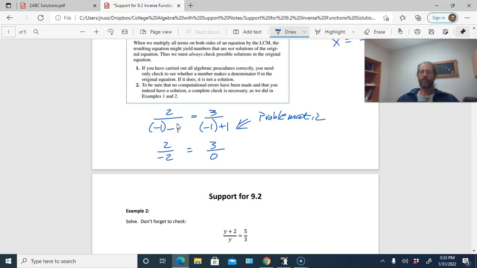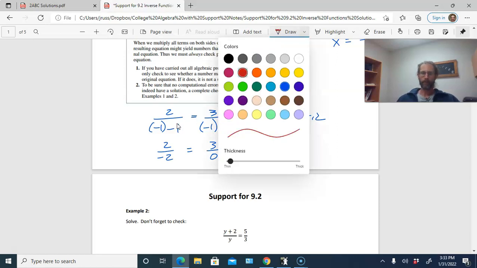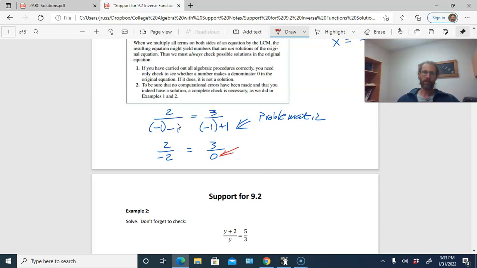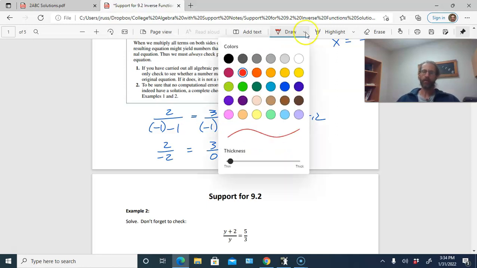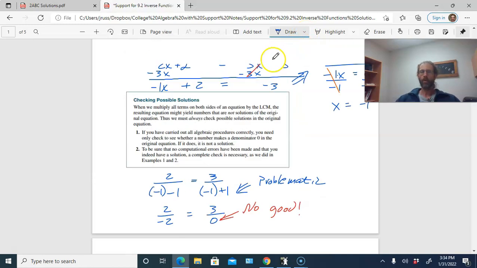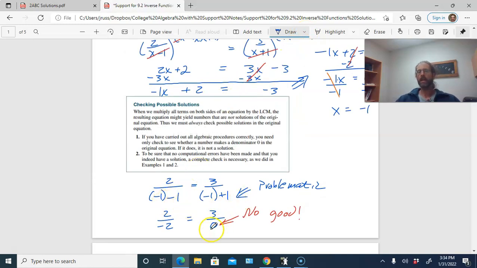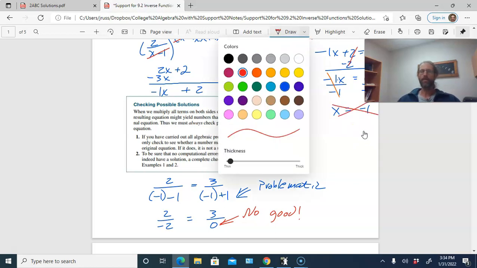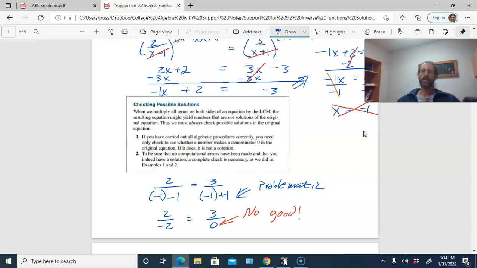So guys, we're getting a 0 in the denominator. What this means is that the solution that we came up with, negative 1, when we try to plug it back in here, we get a 0 in the denominator. So that means that negative 1 is not the solution. So what I do is I exit out and say that's not the solution. Well, that's the only number we came up with, so that then means that this problem has no solution.